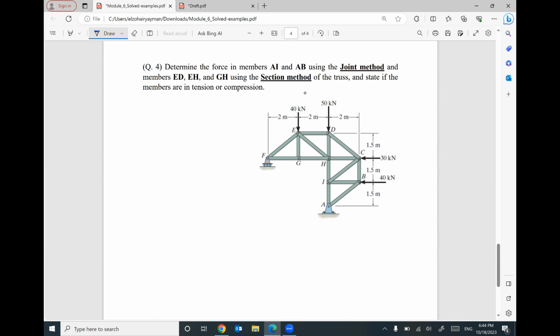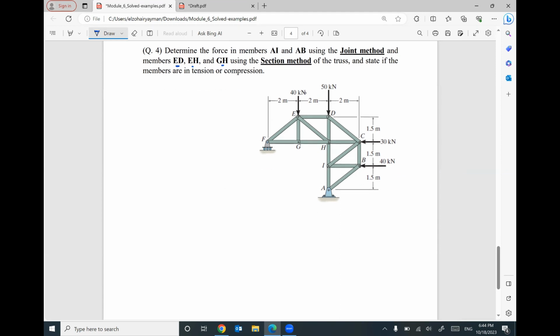We are given a truss and we are looking to figure out the internal forces in two members, AI and AB, using the joint method, and the forces in members ED, EH, GH using the section method. So regardless of the requirement in this truss, I have to start first with reactions.